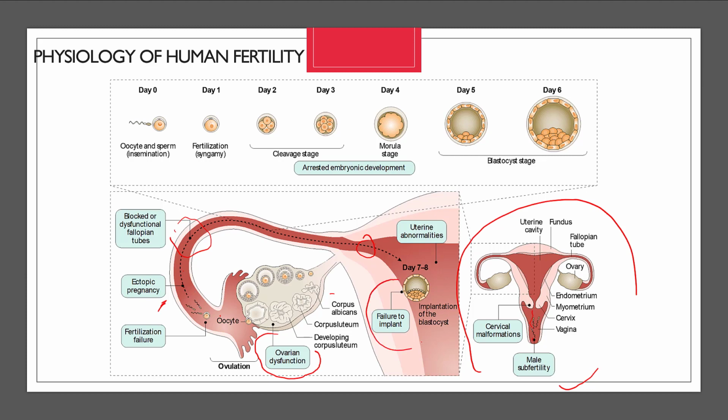Failure to implant is something which we generally don't consider too highly, but that is the reason why most of these unexplained infertile people are not having a pregnancy. The fertilized zygote will have to reach the endometrium in a properly timed manner. If it's not reaching the endometrium at the proper time, it will not implant. So there is an implantation window concept which needs to be met to have a successful pregnancy. This is like a turtle's tail.